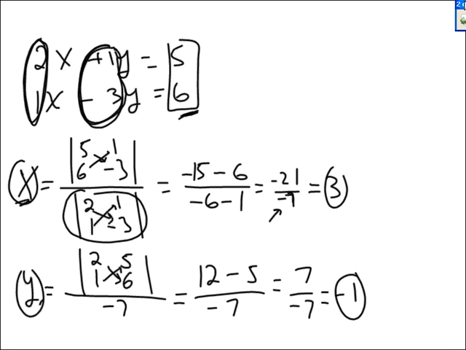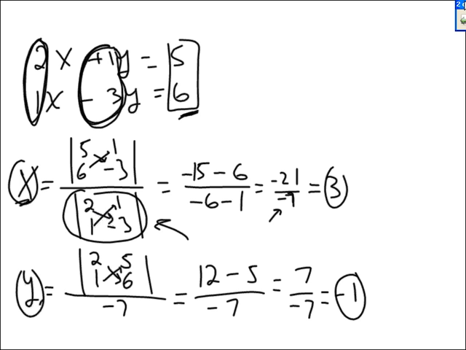If the bottom happens to be 0, then the system of equations is inconsistent, and you can't use Cramer's rule to solve it. Remember? Oh, if it's inconsistent, there is no solution.